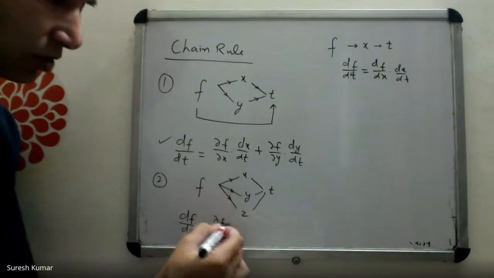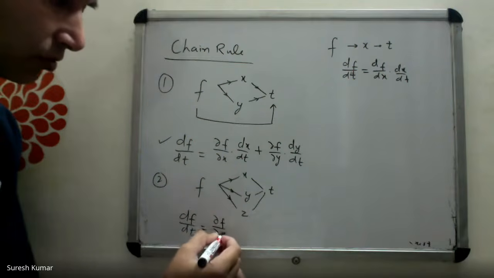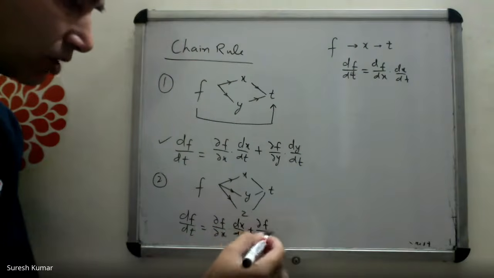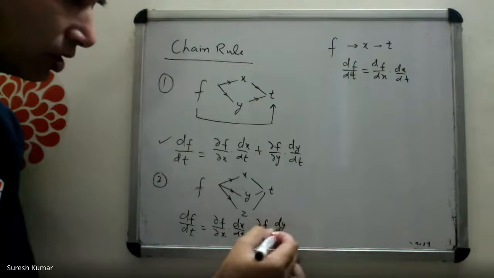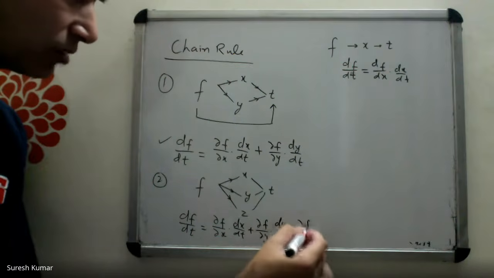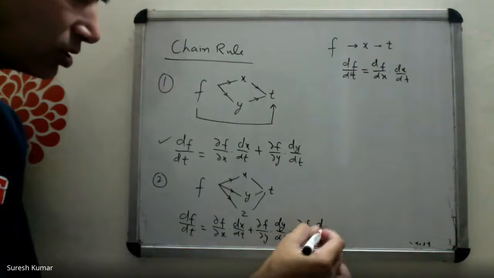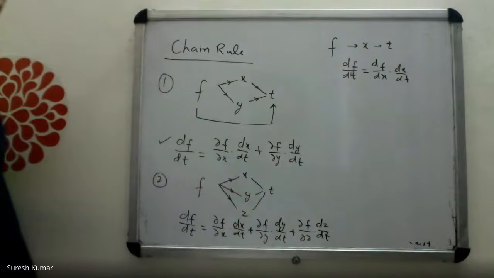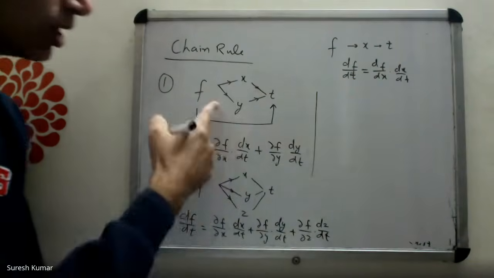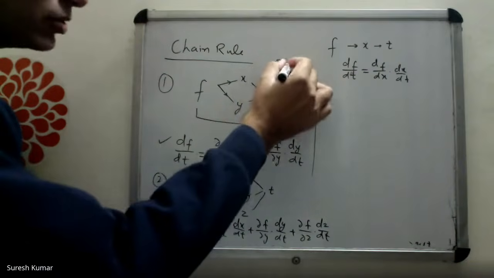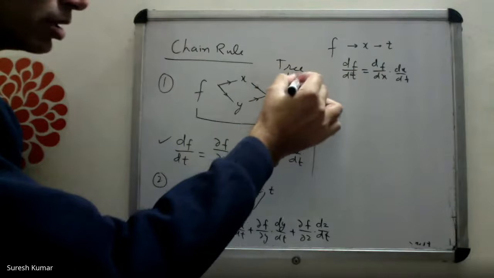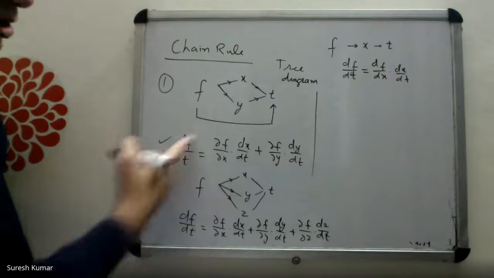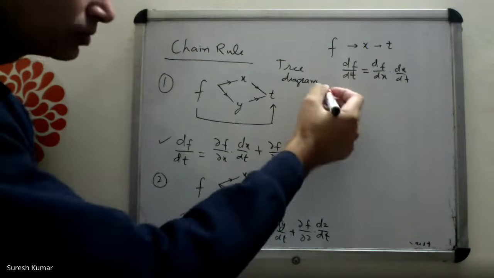Use these paths. Partial f over partial x into dx over dt, partial f over partial y into dy over dt, plus partial f over partial z into dz over dt. Easy, just one term is extended. These are called tree diagrams. So if you make such a diagram, then it's easy to write the rule of differentiation.